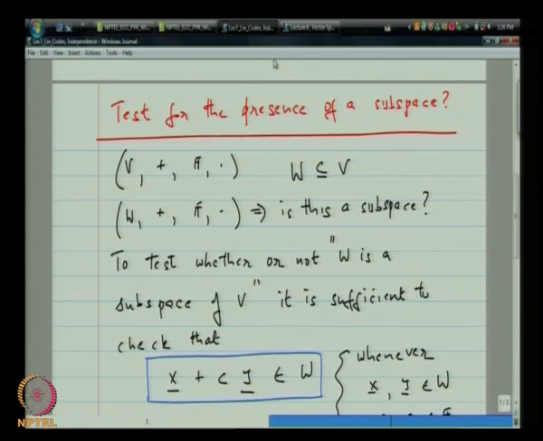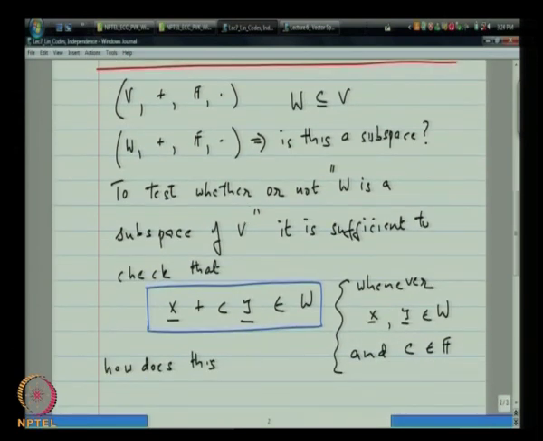So, here the situation is where you have a vector space V and then you have a subset of V, which we will call W, and the question is: under the same operations, is W also a subspace? Of course, in order to test for the presence of a subspace, you could go back to all the 9 axioms and verify them individually, but that is time consuming.